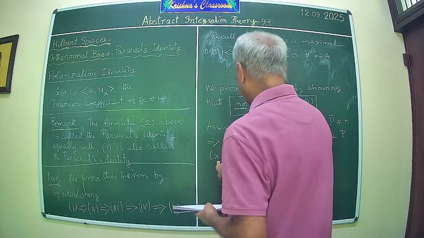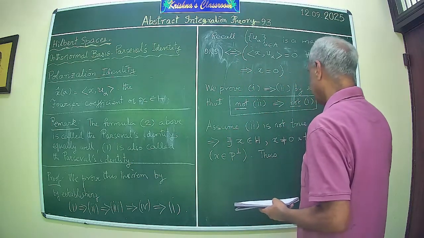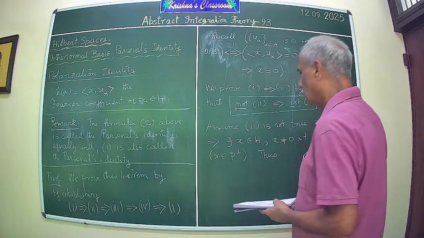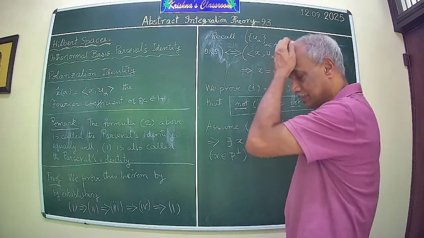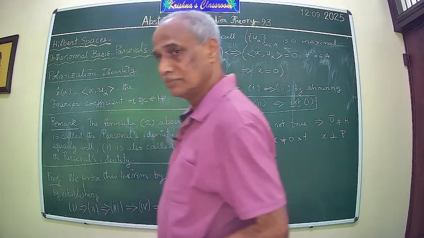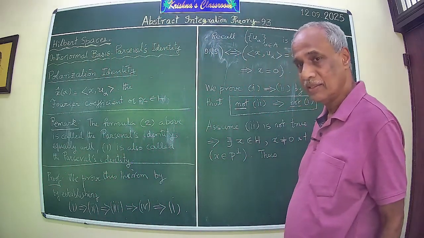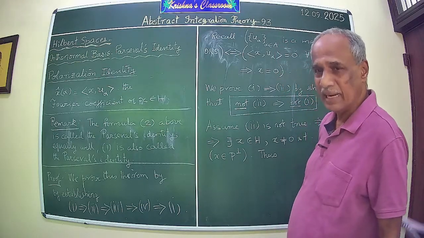Thus, we have an x which is not in P and therefore not among the U alpha, which is not equal to 0, such that it is orthogonal to every one of these U alpha. And since x is not equal to 0, you can normalize it.